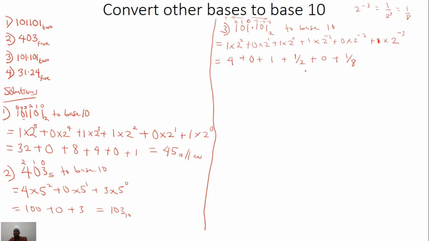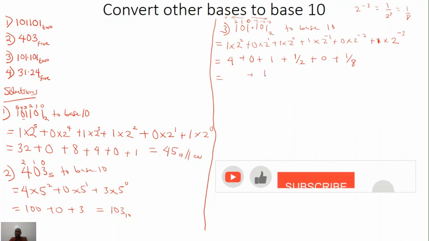Okay? Now, if we evaluate this, this will be equals to what? Let's take the LCM of this, or let's first simplify it to 4 plus 1, that is 5. 5 plus 1 over 2 plus 1 over 8.